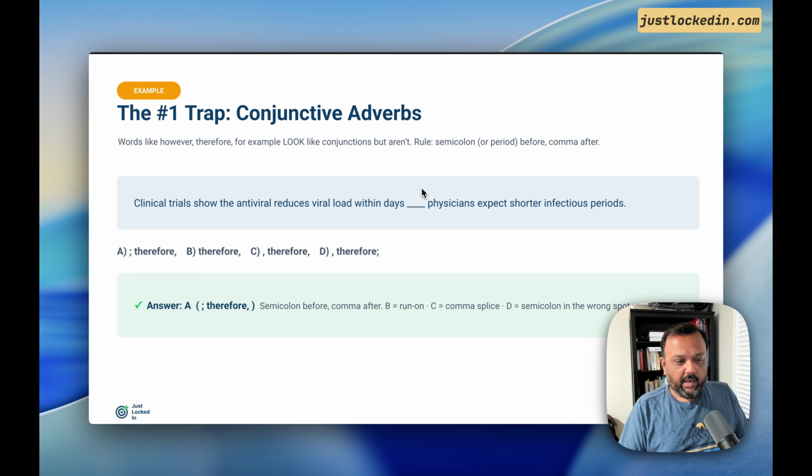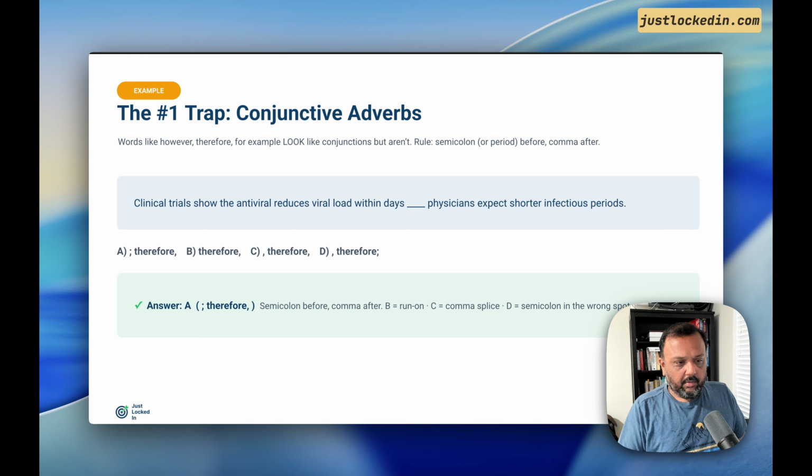So you can put therefore here: therefore, physicians expect shorter infectious periods. The way you use a conjunctive adverb here is you put a semicolon after the first clause, then the conjunctive adverb followed by a comma.